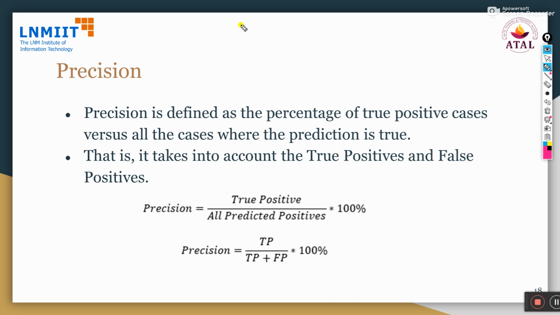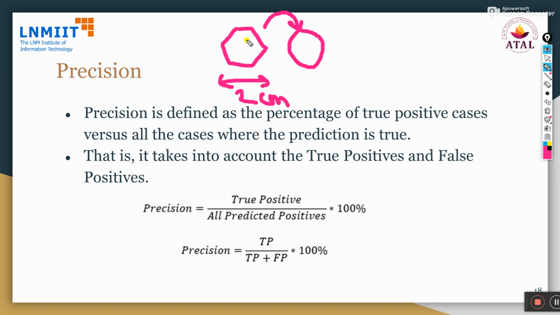In mechanics, if I have a nut and bolt, and the screw is going to fit on this nut and bolt, with 2 centimeter as the diameter, that is the accuracy, but still the nut is not going to fit on the bolt.